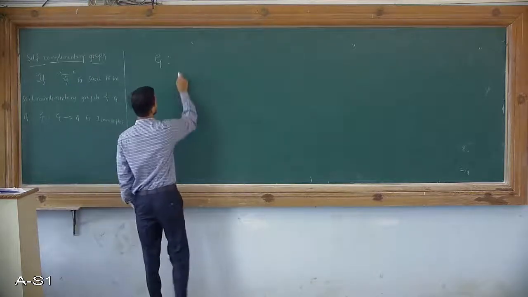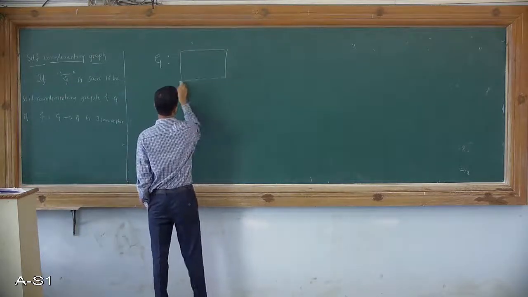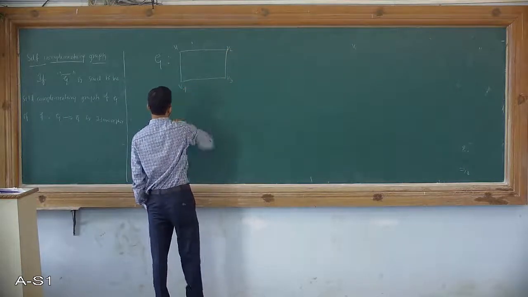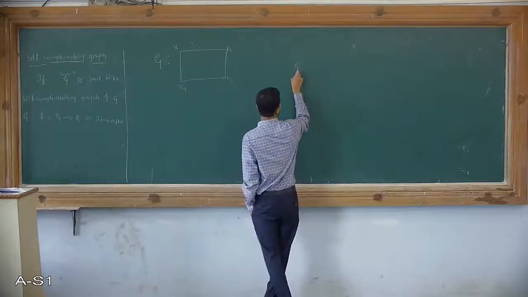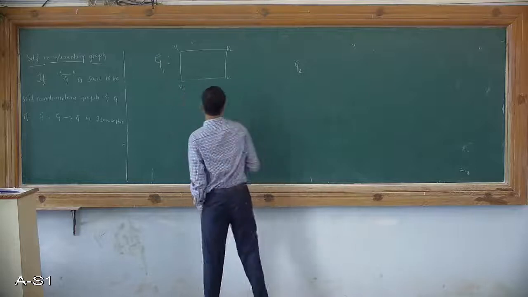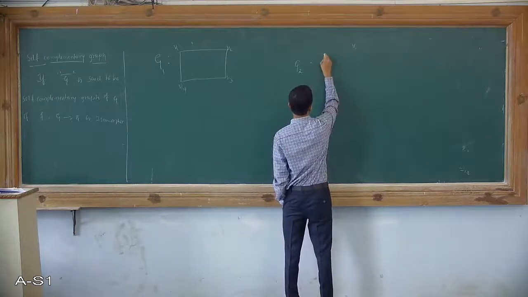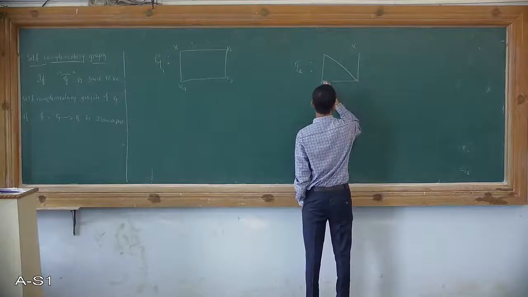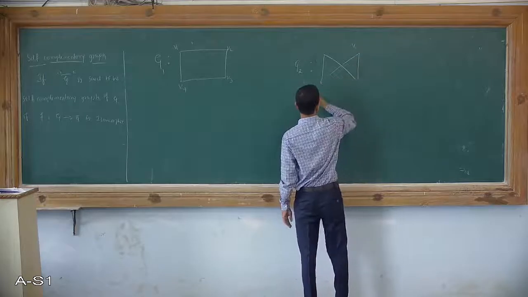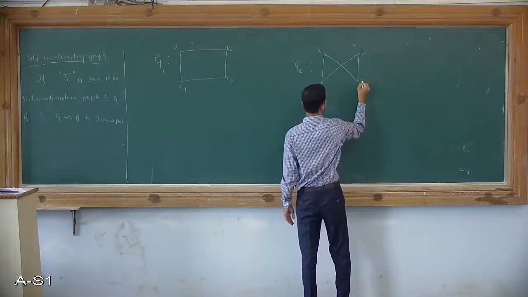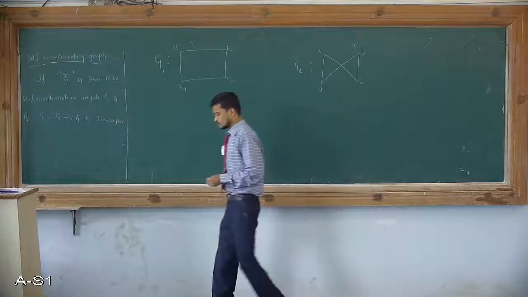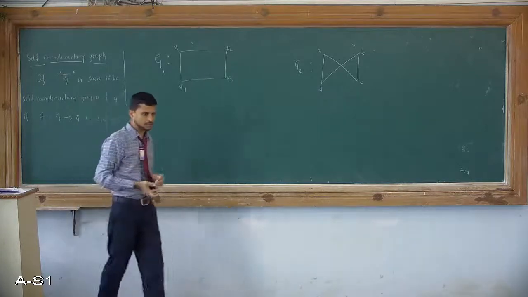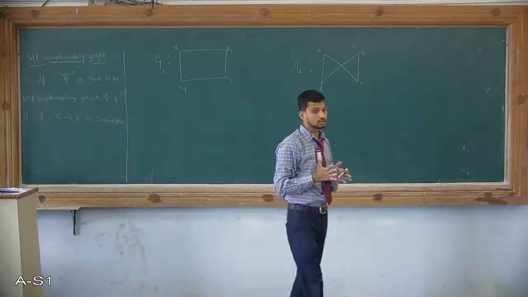Here I am taking V1, V2, V3 and V4, and I am taking G1 and G2 with vertices A, B, C and D. Here G1 and G2 are isomorphic, because we have proved it in the earlier section, but they are not complementary.